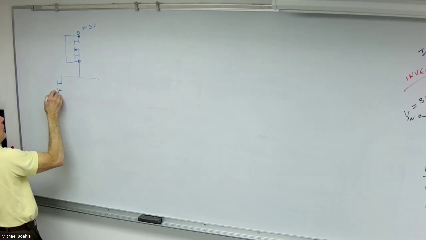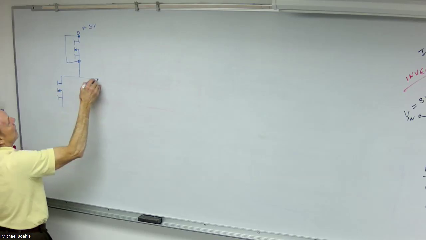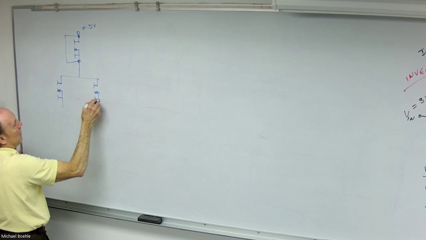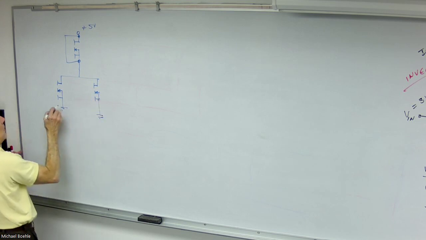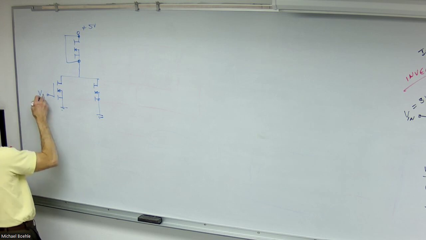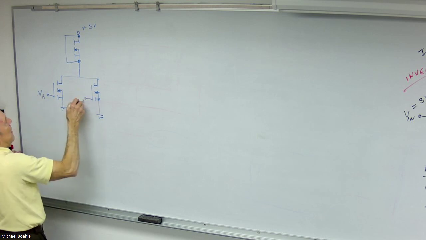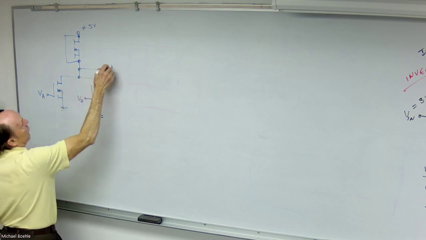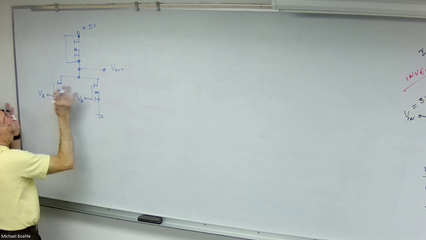Now I'm going to take 2 transistors and put them in parallel. Now I have, I'll call it VA and VB. There's my output. I have 2 inputs now.